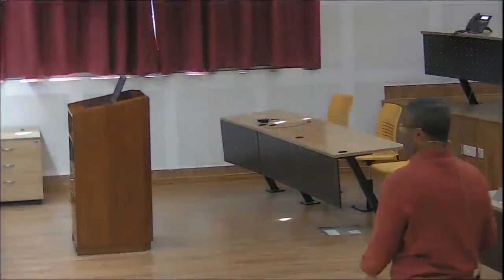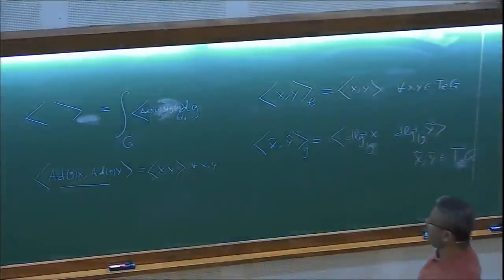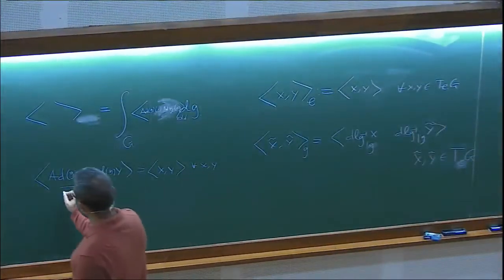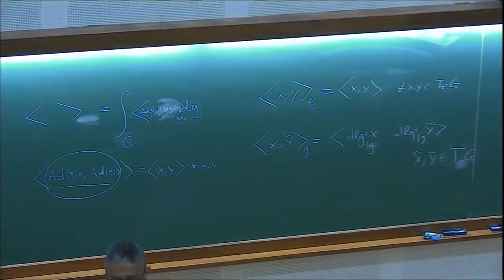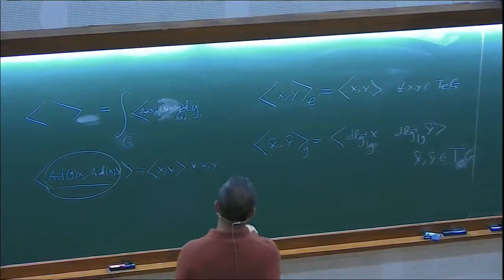Okay. So in general, if you take a Lie group, you can just give a left invariant metric using these left translations. Just choose the inner product and translate it. But I'm choosing an Ad invariant metric to show that this inner product is also right invariant. Okay, so this is an exercise.